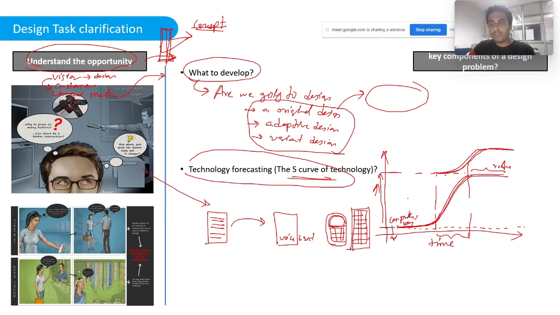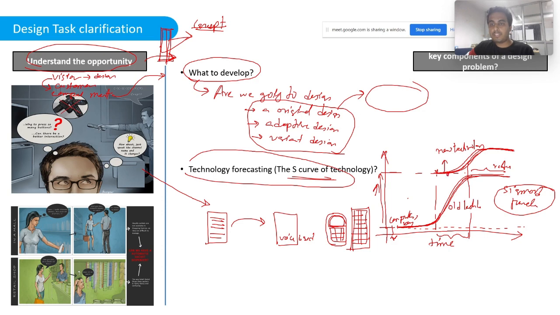So every technology has a similar function, like an S shape. This is called a sigmoid function. At any particular time we can have both new technology and old technology.